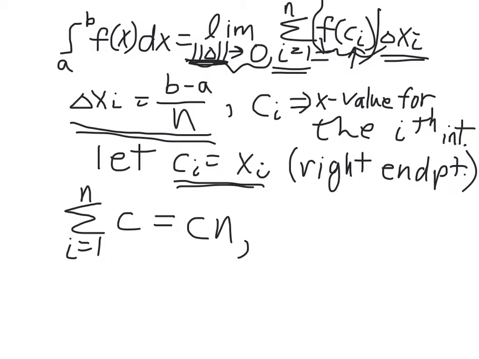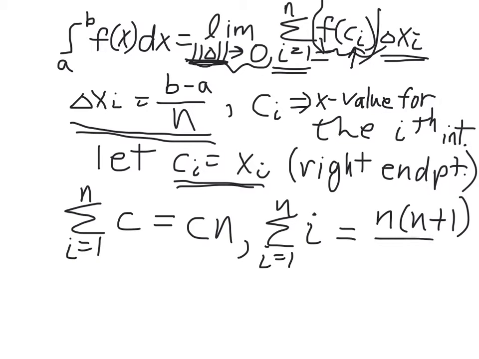And then the other formula, a little bit more involved: the summation of i, as i goes from 1 to n, is what? Okay, n times the quantity n plus 1 all over 2.